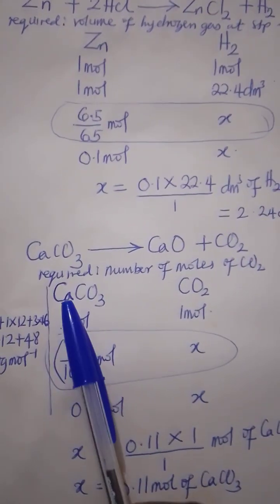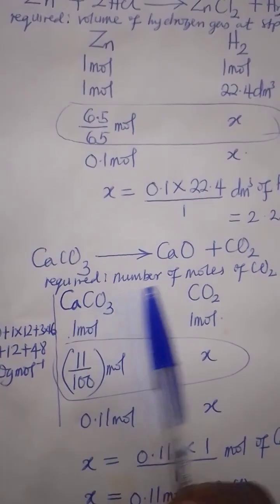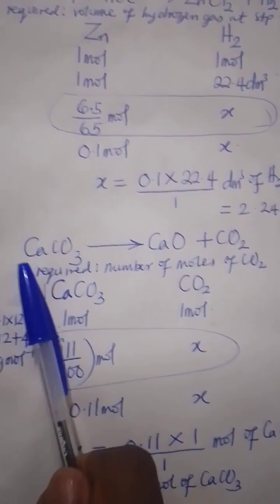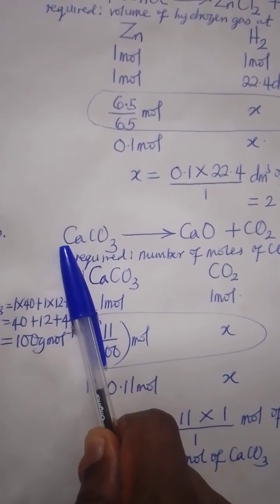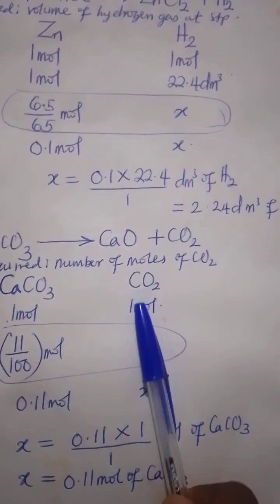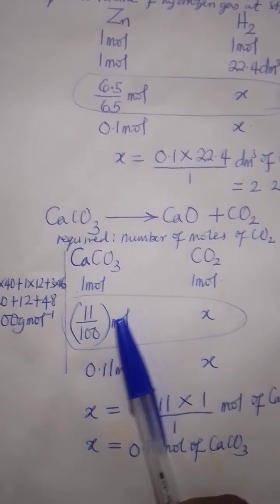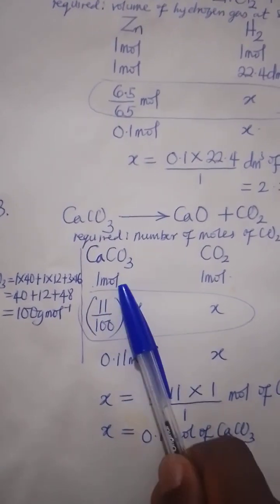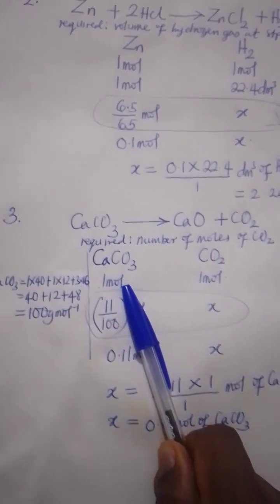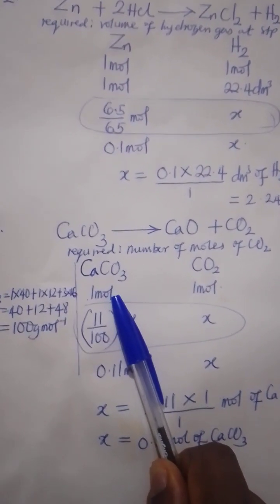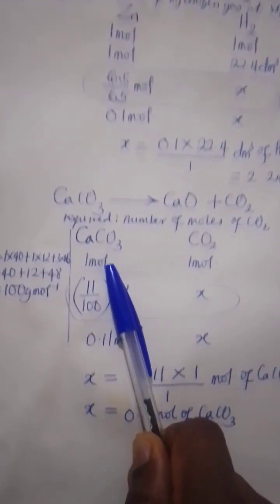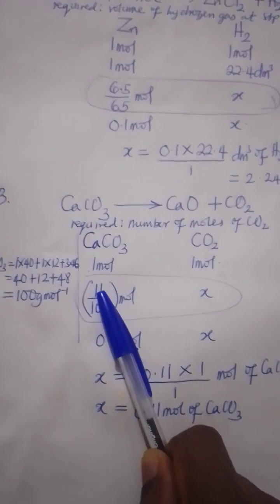And so we take calcium carbonate, and then we take CO2. The stoichiometric coefficient of calcium carbonate is 1, that of CO2 is 1, so 1 mole, 1 mole. And now what we're given is mass, but what we're told to look for is number of moles. So we need to convert the mass given to mole.